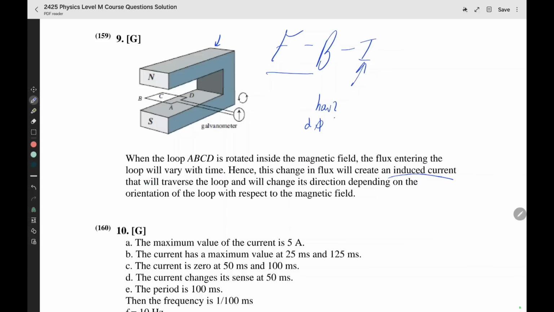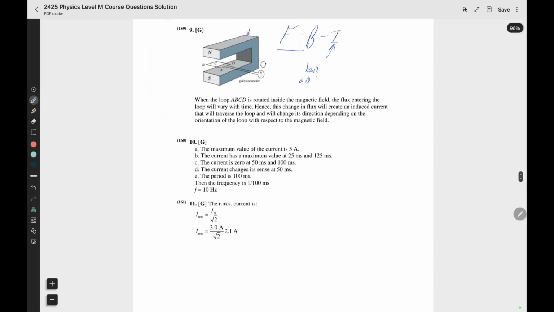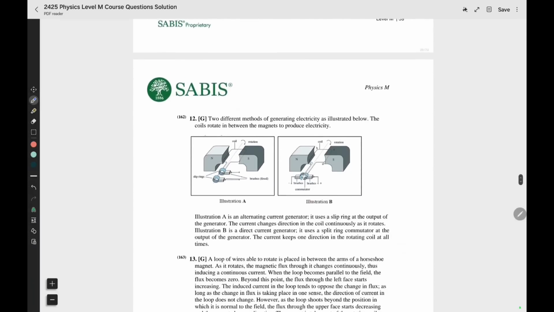And since you're rotating it, the current will change its direction, right? Every half a rotation is gonna change its direction. This is actually, you need to know, by the way. It's gonna change its direction depending on the orientation of the loop with respect to the magnetic field. Again, we're gonna cover this later, and they should do it here somewhere.